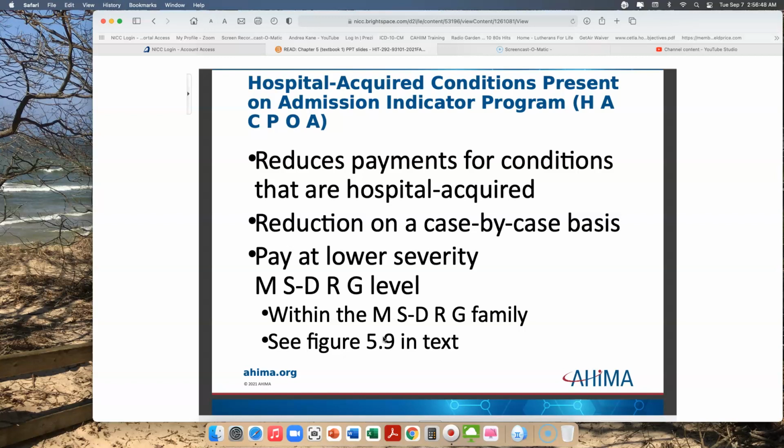And so that's how this all came into being: Medicare basically said that if there is a preventable condition that the patient acquires, doesn't have on admission, while they're hospitalized, that they will not pay it at whatever MSDRG level it's billed at. They will pay it at the lower severity.